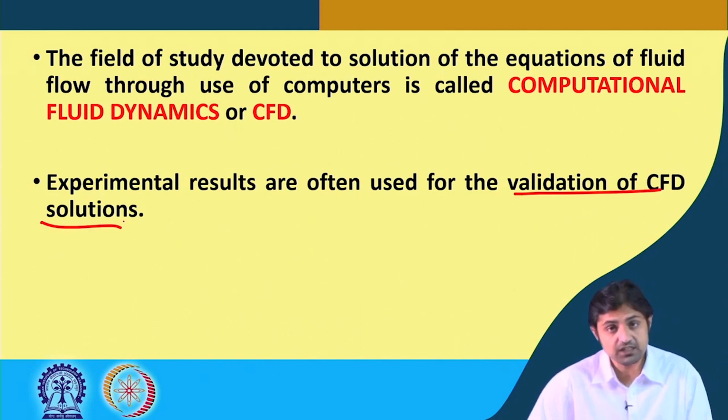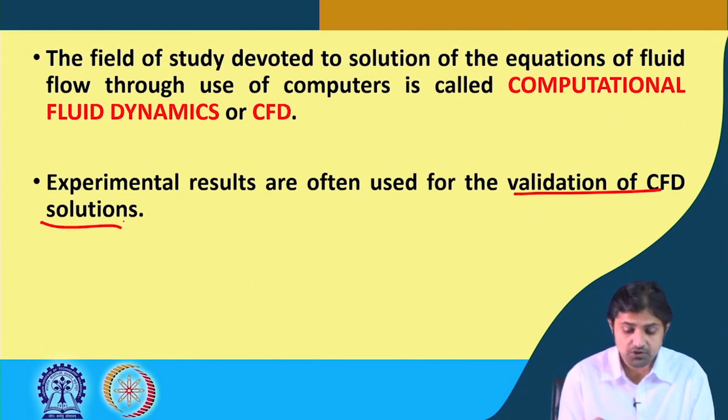Either we do that experiment in the lab or somebody else has done it, but beforehand we know the experimental results of that situation. For the same situation we do the computer based solution, and we check if the results from the computer are the same or very close to the experimental results. This process is called validation.